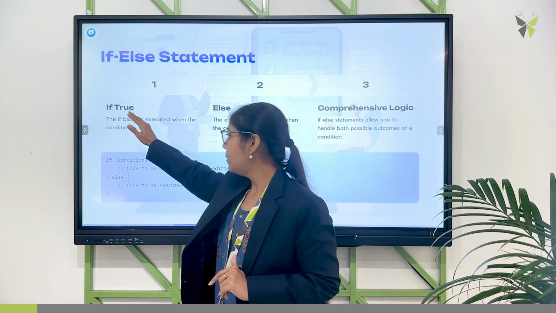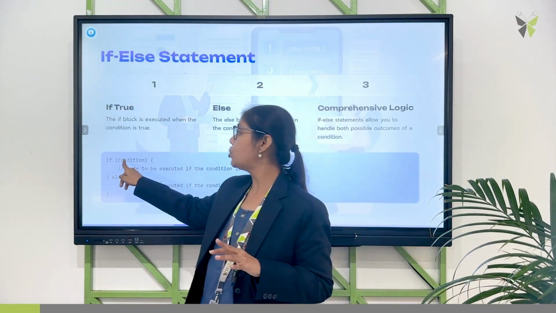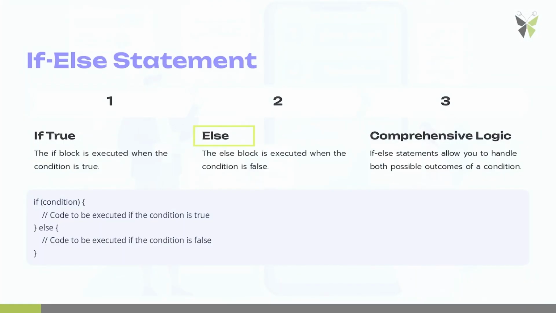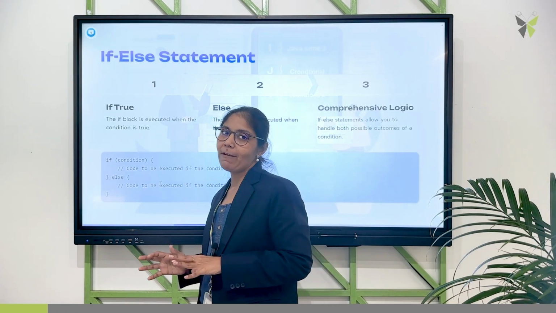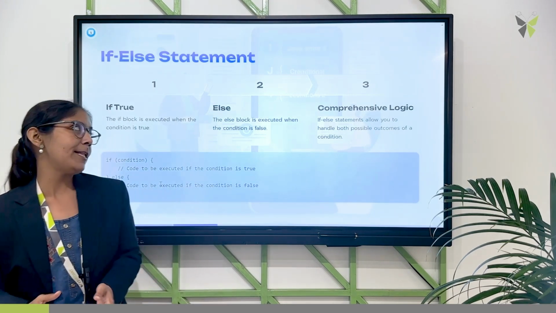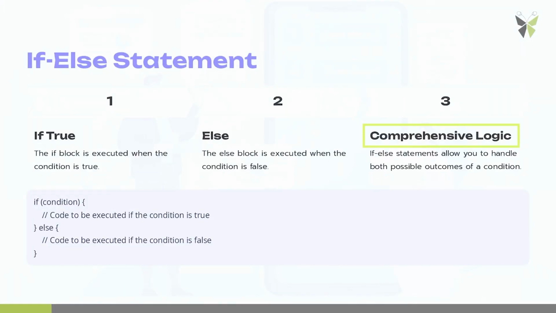In the if block, I write the statements to be evaluated if my condition is true, whereas in the else block, I write the statements to be evaluated if my condition is not true, if my condition turns out to be false. So either my if block or my else block will be evaluated, and it gives me an outcome. The basic idea behind the if else block is to give a solution for both outcomes, when my condition is true or when it is false.